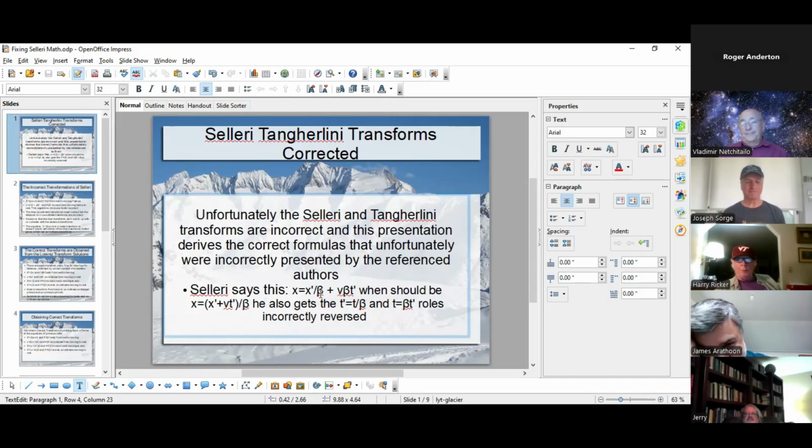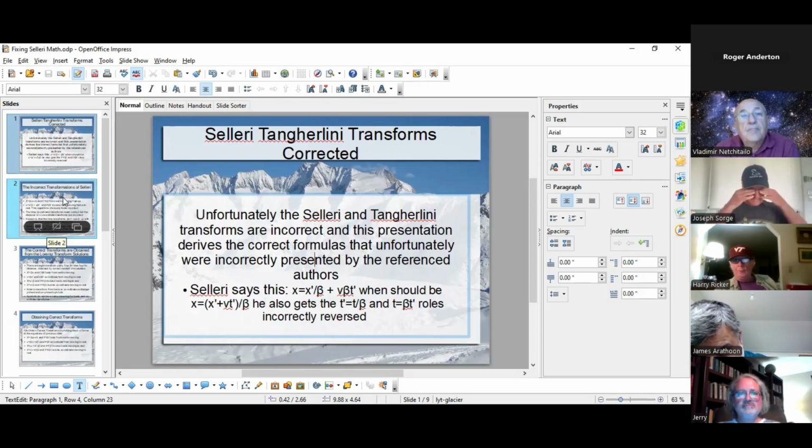Okay, so this equation here, I think, is wrong. Solari says x prime equals, I think it should be x equals x prime plus vt prime divided by beta. So I claim his equation is wrong, and he's got these time equations mixed up.